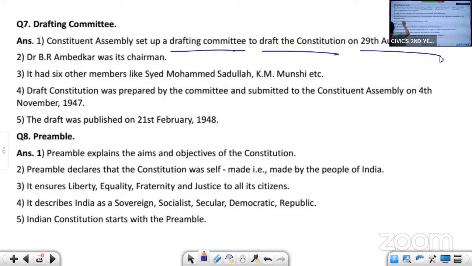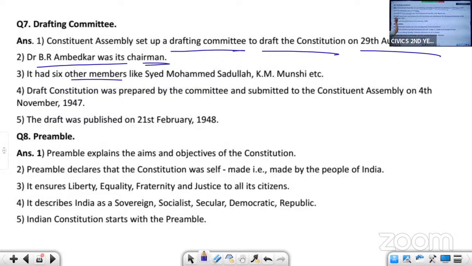Dr. B.R. Ambedkar was its chairman, and it had 6 other members like Syed Muhammad Sadullah, K.M. Munshi. You need not remember all the names, whatever you can remember. If you are unable to remember the names, no problem, but you can always mention that it had 6 other members.